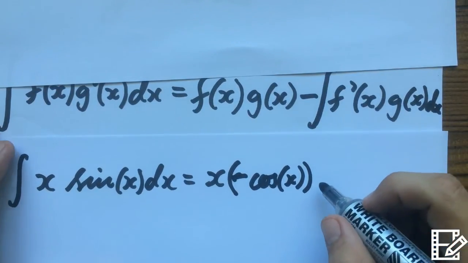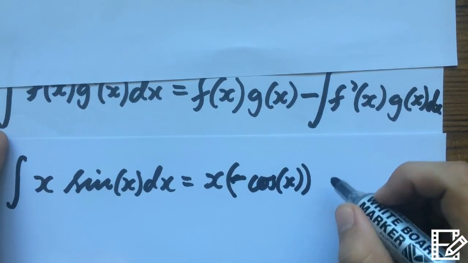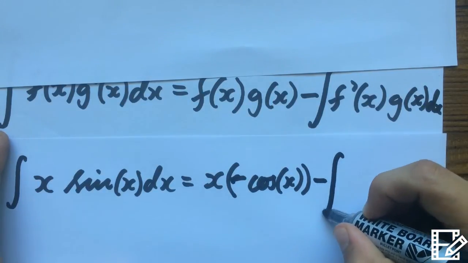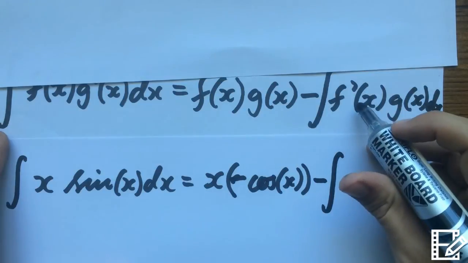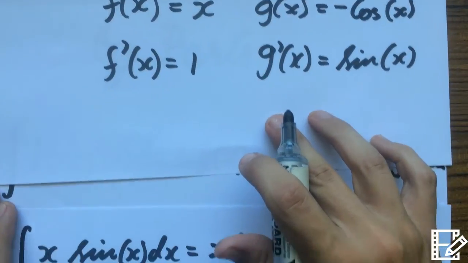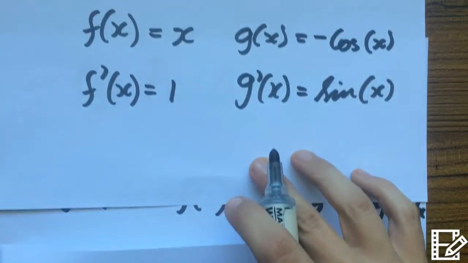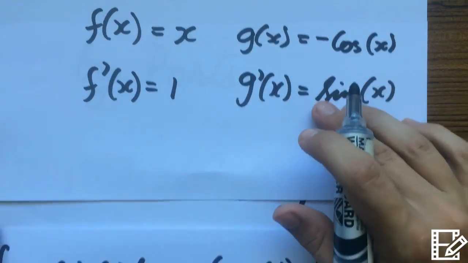Now we're subtracting the integral of f dash of x, which is 1, multiplying that to g(x). g(x) is negative cos x.